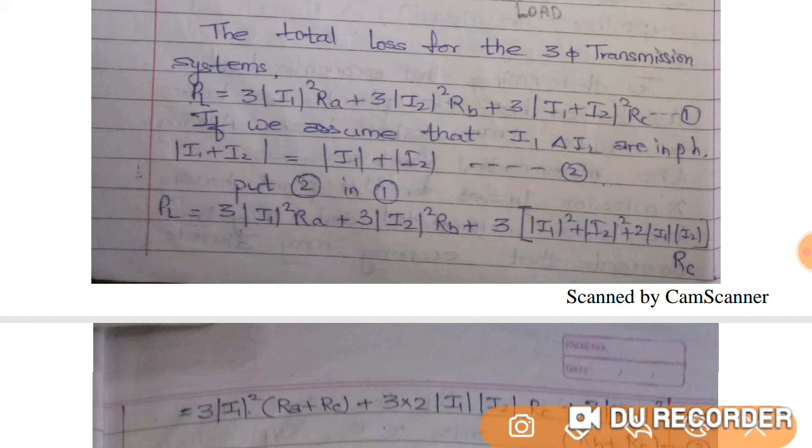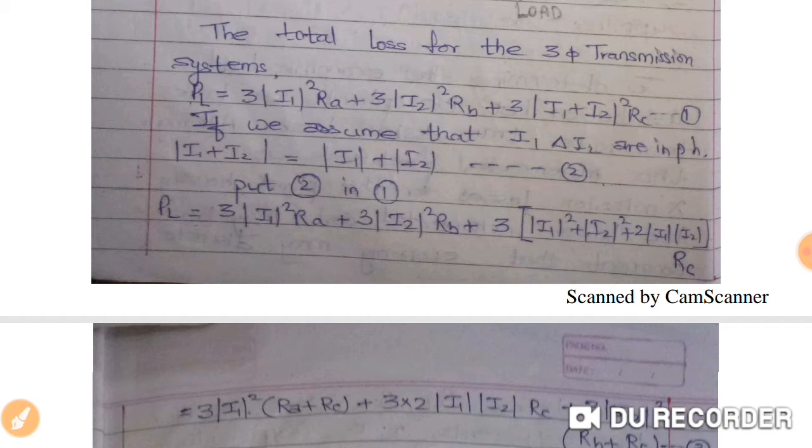For bus A, I is I1 and RA is the resistance of bus A, so the term for the first bus is 3 into mod I1 square into RA. Similarly for bus B, it will be 3 mod I2 square RB. For bus C, we saw that the current is the addition of I1 and I2, so the term becomes 3 into mod of I1 plus I2 whole square multiplied by RC. So this is clear.